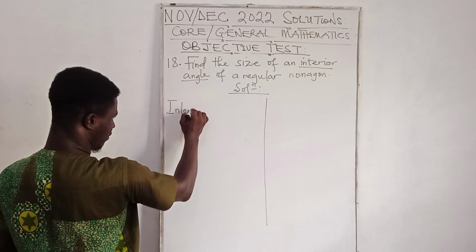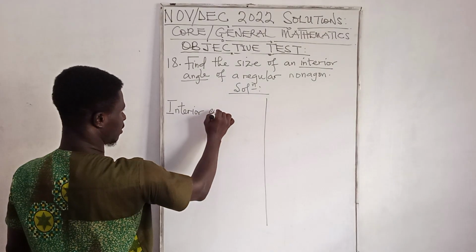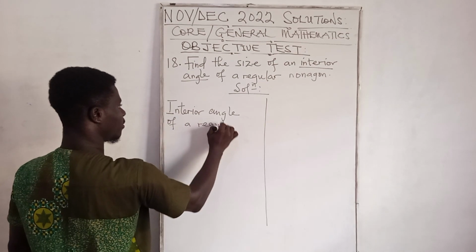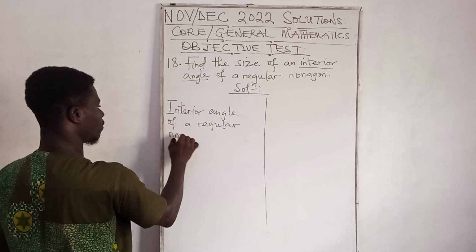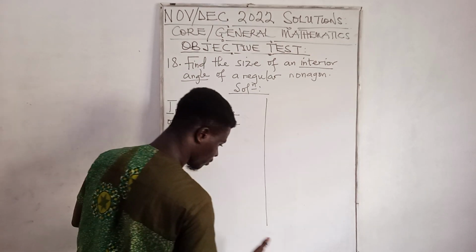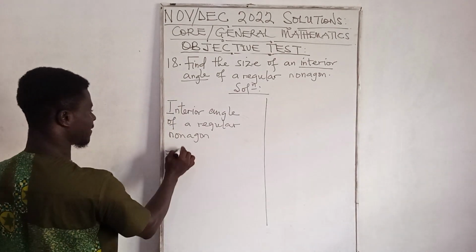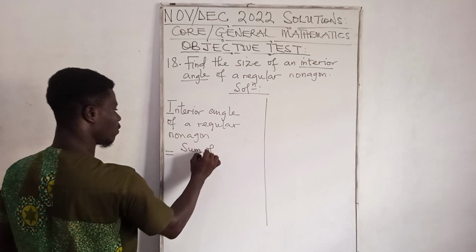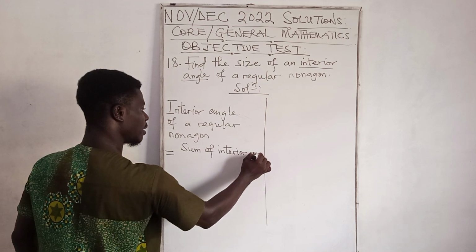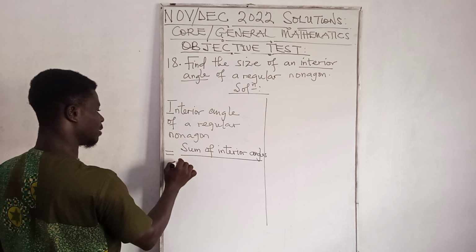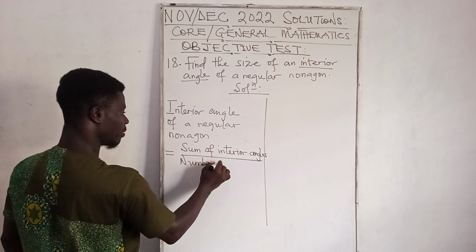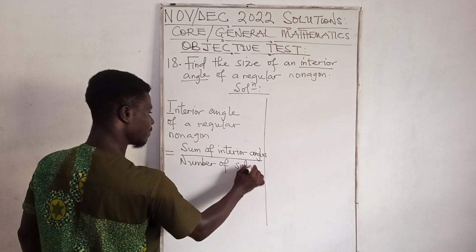So the interior angle of a regular nonagon must be equal to, so we have to find the sum of interior angles, then we divide it by the number of sides, right?